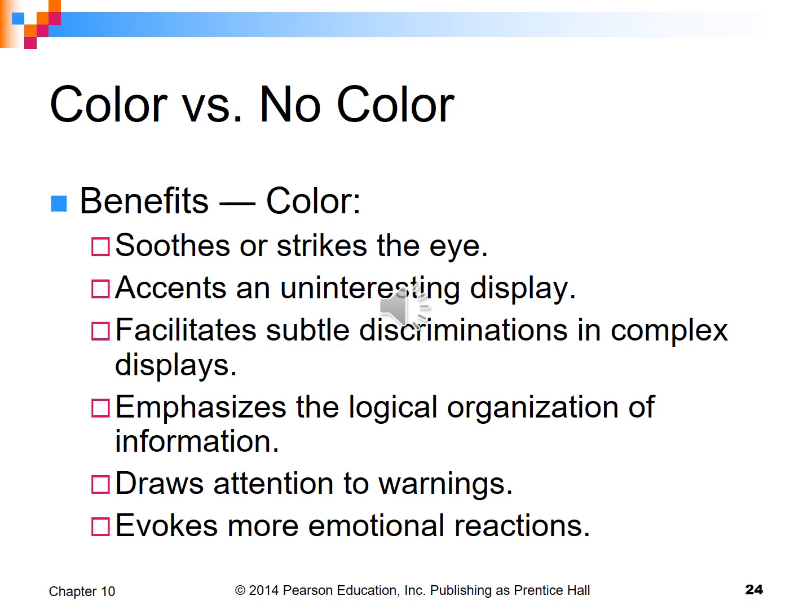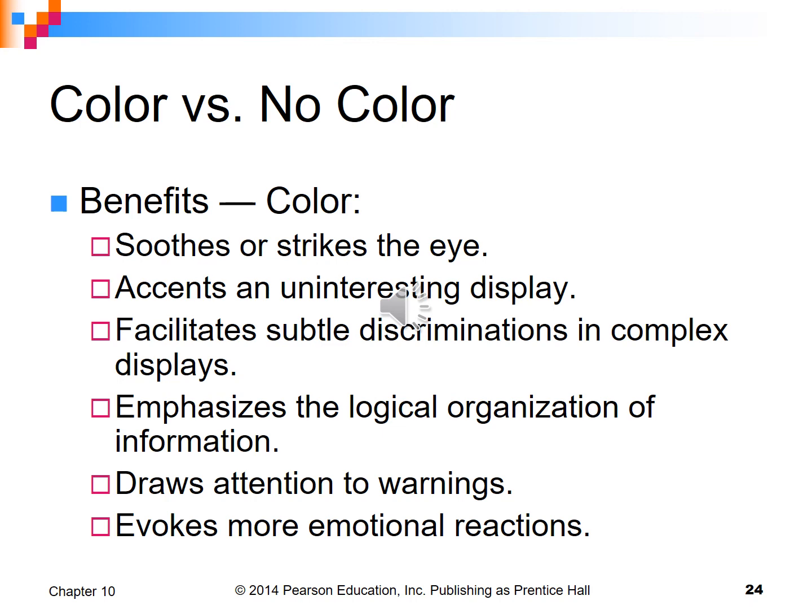So the color, probably, is one of the important techniques to use in highlighting things. The color soothes or strikes the eye. Either it makes it easy on the eye when there is a contrast, or it really strikes it. It is really strong on the eye. Accent or an interesting display.